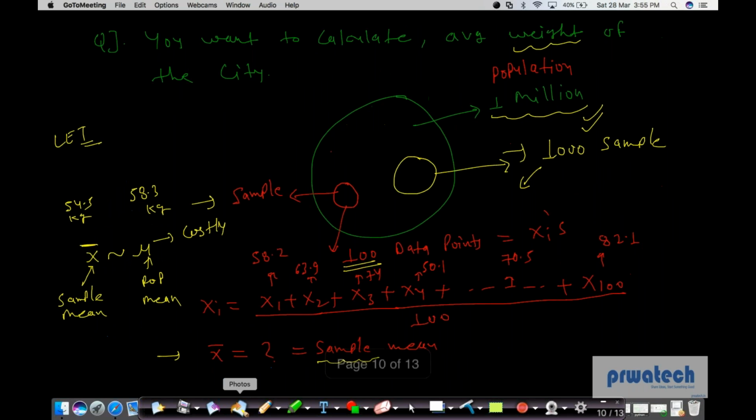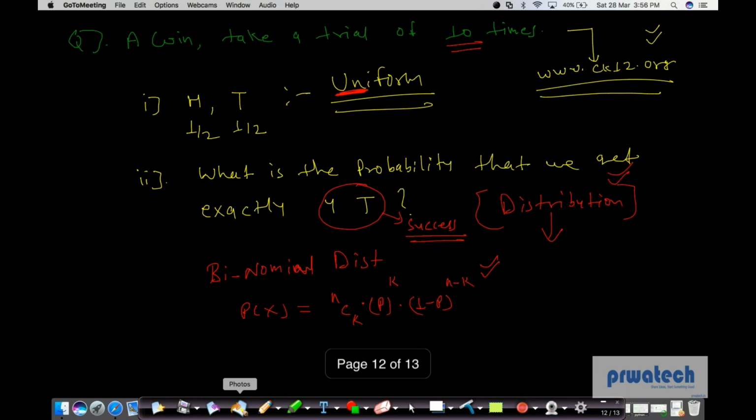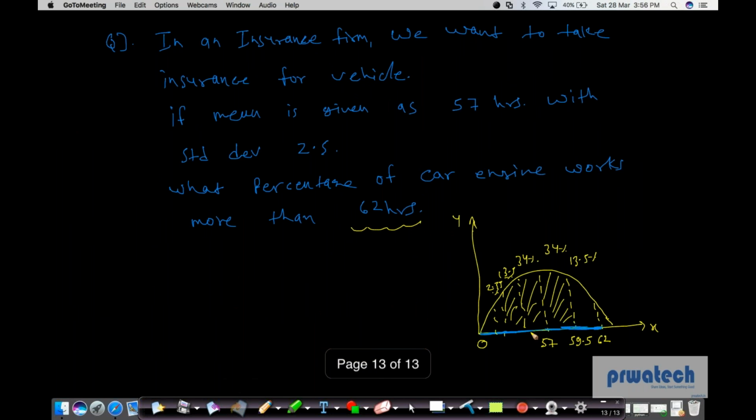Where is the question? Okay, 2.35. Now if I add 0.15 plus 2.35 plus 13.5 plus 34 plus 34 plus 13.5, how much value are we getting?